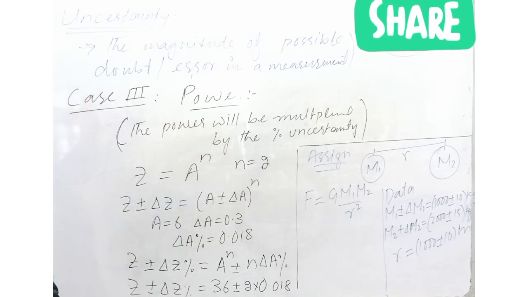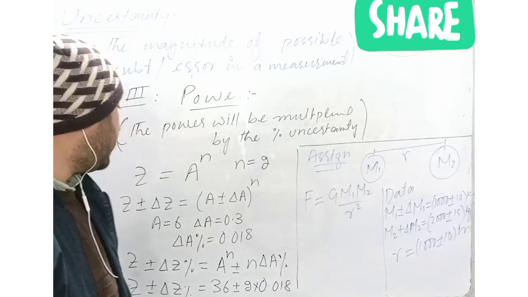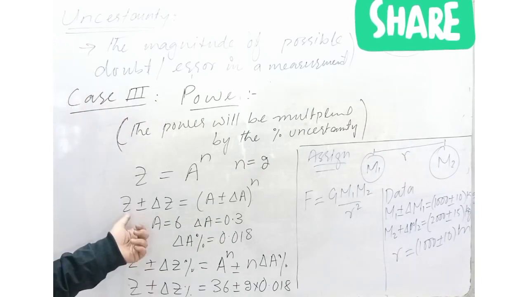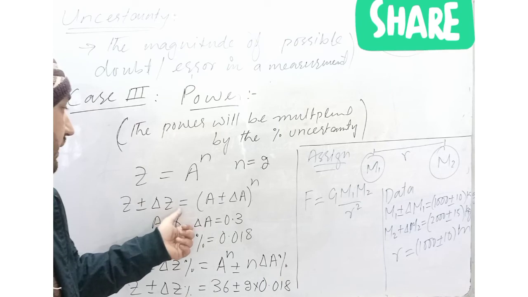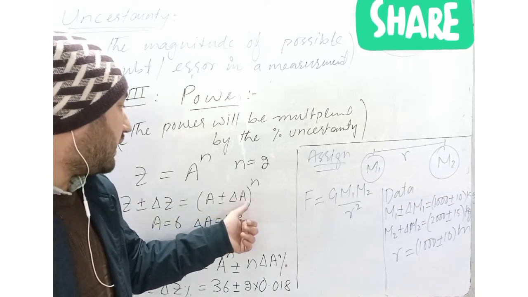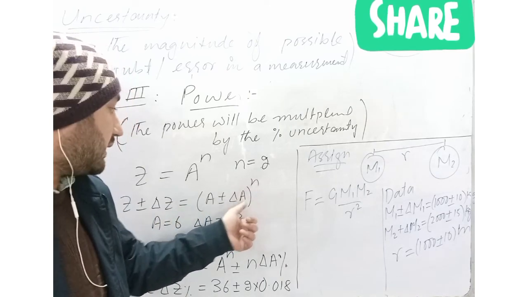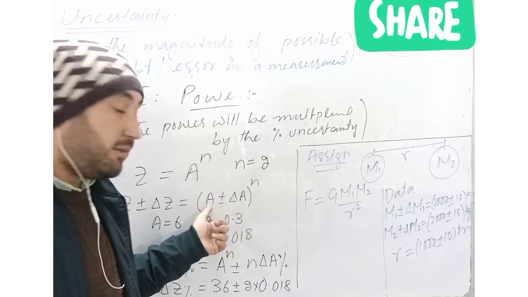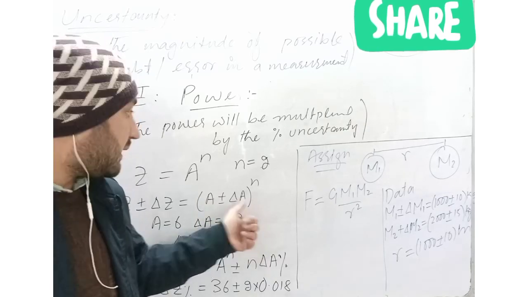Now in such a case, how are we going to find the uncertainty? For that, first we will write z plus minus delta z in terms of a plus minus delta a, whole to the power n, right? This is the right way to express any magnitude along with the possible uncertainty.